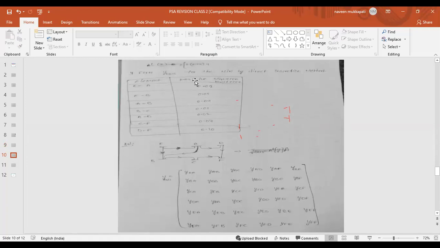Next, by using this table, we draw the graph or the single line diagram.